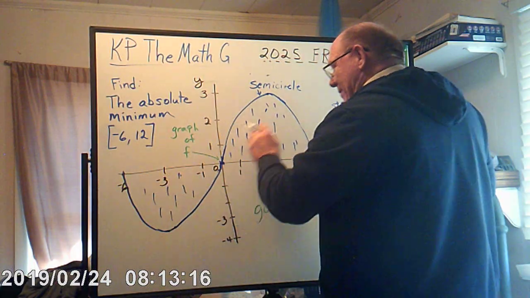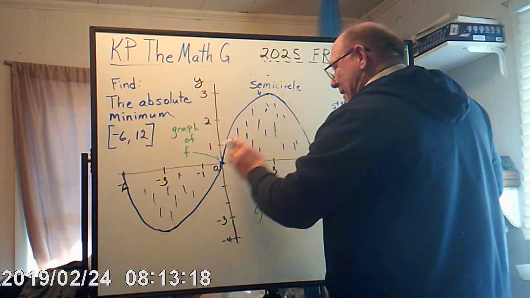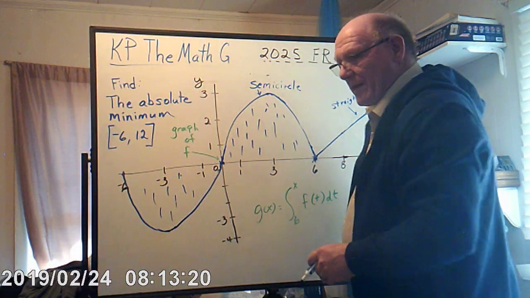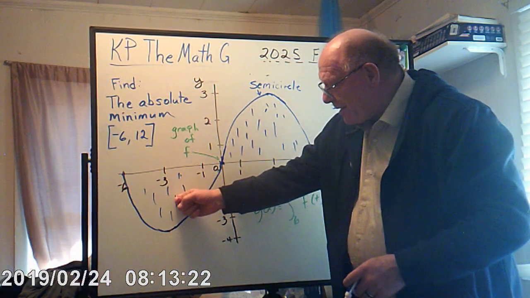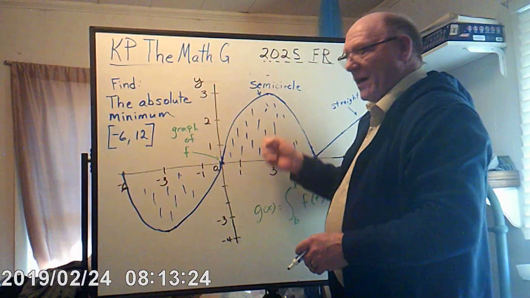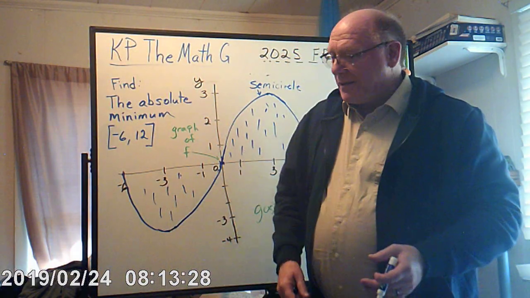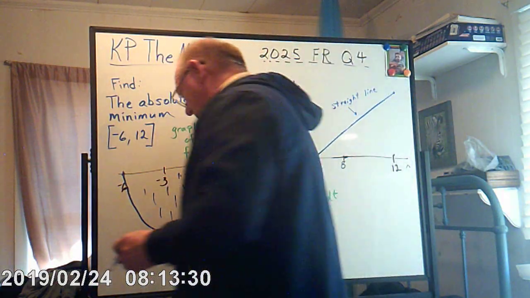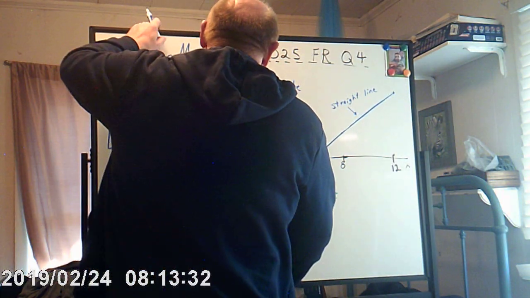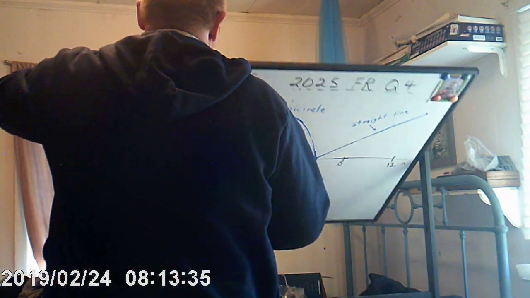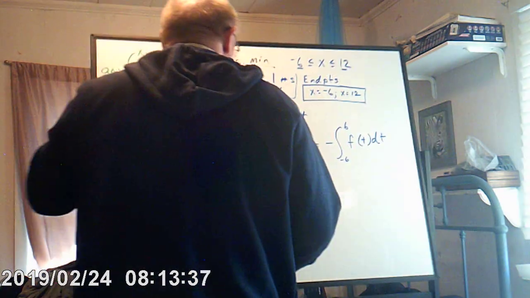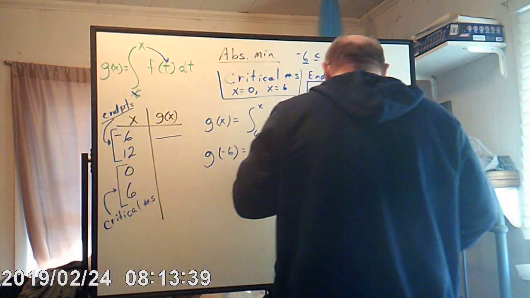This one's negative. This one's positive. You might want to say these cancel each other out. So when you find the same thing down here as you do up here, don't fret over it. Don't try to figure it out. You don't have to. Okay, so this, I already found it.